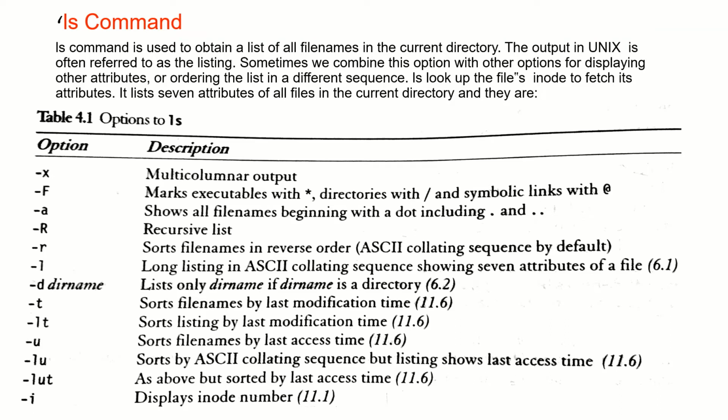The ls command is used to obtain a list of all file names in the current directory. The output of Unix is often referred to as a listing.